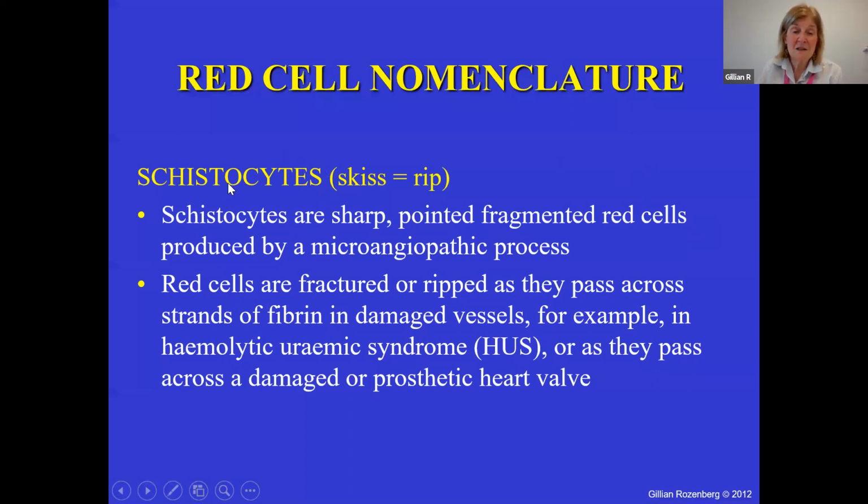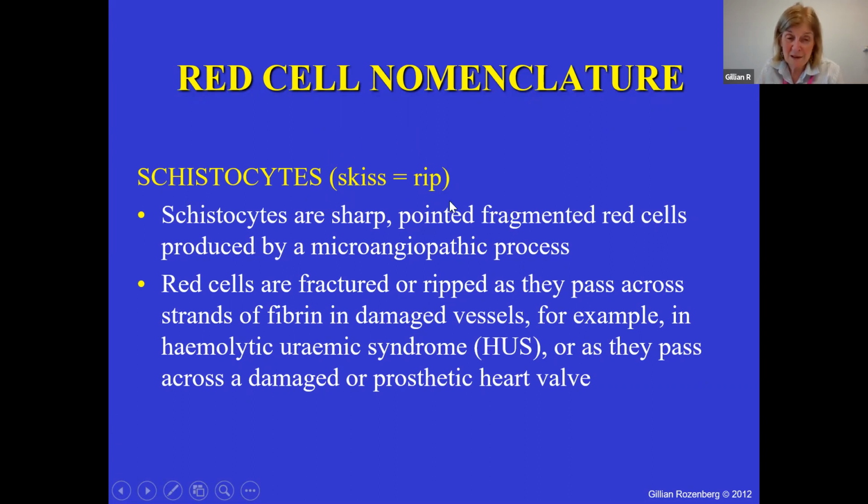So schistocytes. As you've noticed, and I haven't read it out to you, you've got the Greek derivation of all the red cell shapes. This is something that's so important, and people get this so wrong when they're reporting on blood films. A schistocyte comes from the Greek word schizo, which means to rip.